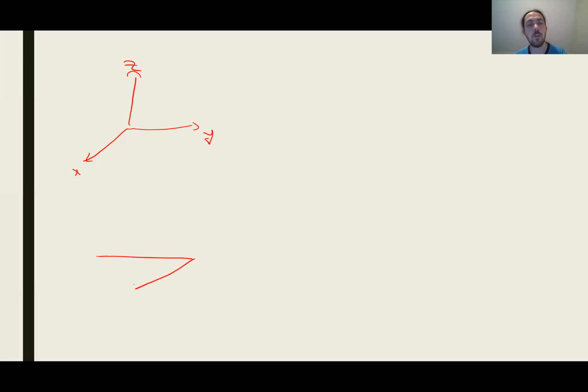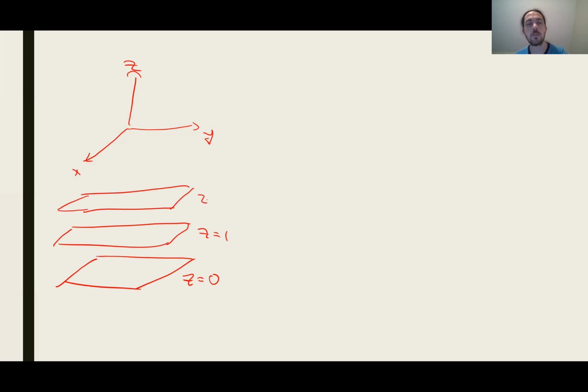So for example, if I set z is equal to 0, those are all the points that are of height 0. That gives me a plane, the xy plane. Whereas if I set z equal to 1, that's a plane that's a little bit higher up. And if I set z equals 2, it's a plane that's higher still. So that tells me what the z coordinate is doing inside cylindrical coordinates.